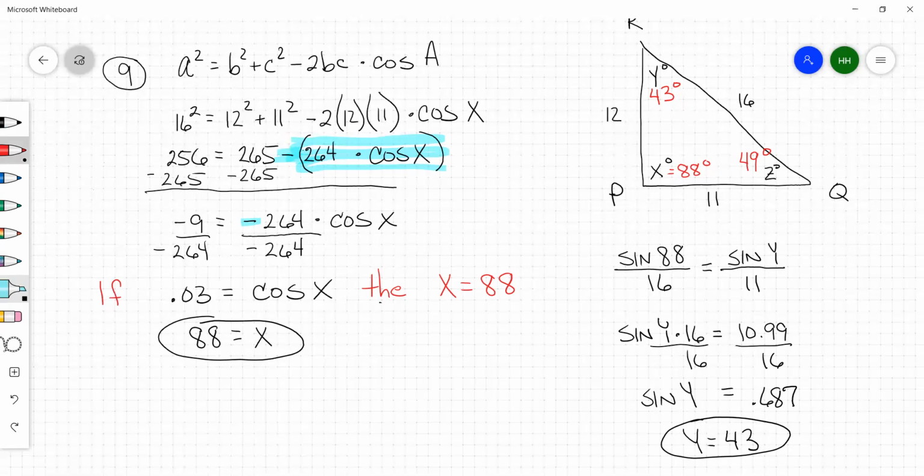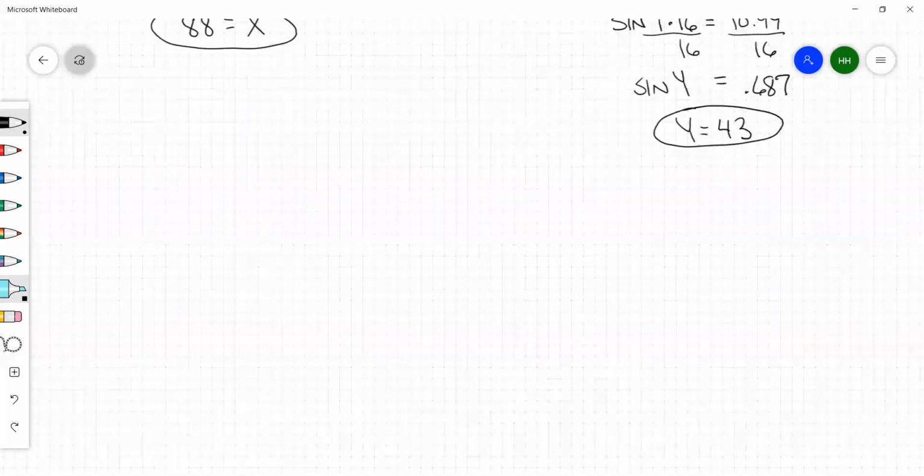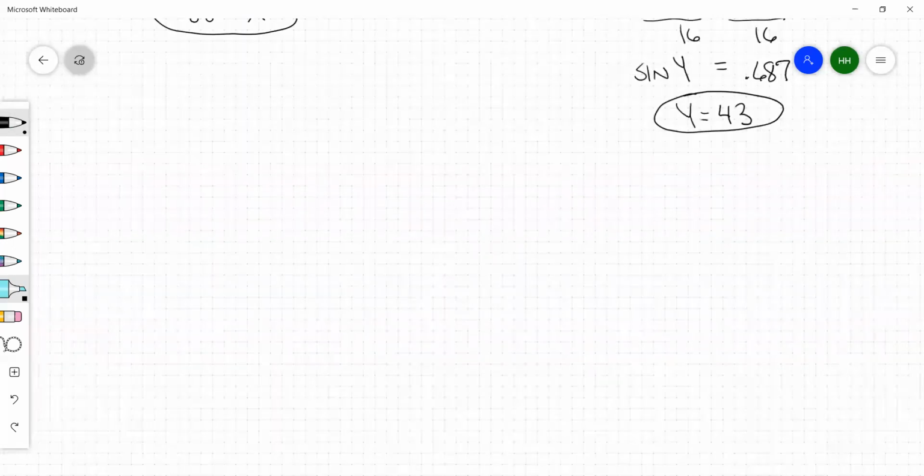All right, let's do one more. We're going to do number 13 on that page. And here's what we got.